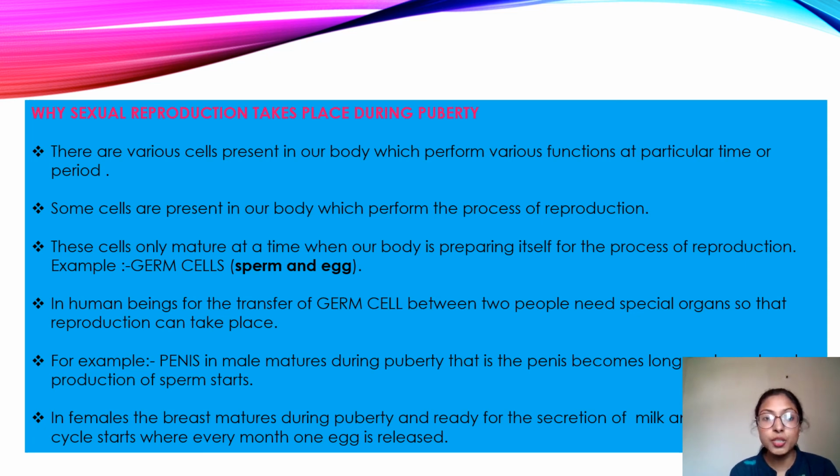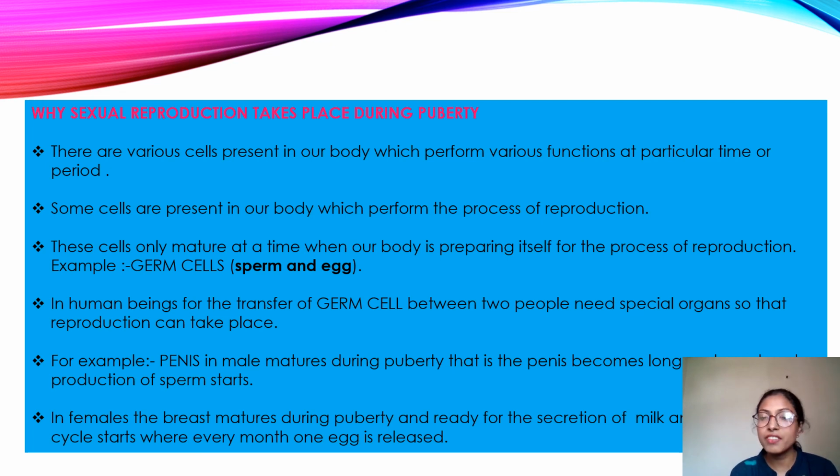Those cells are the germ cells, and the germ cells are the sperm in the male and the egg in the female. In human beings, the transfer of germ cells between two people needs special organs so that reproduction can take place. So definitely the male and the female will have different reproductive paths through which reproduction can take place.